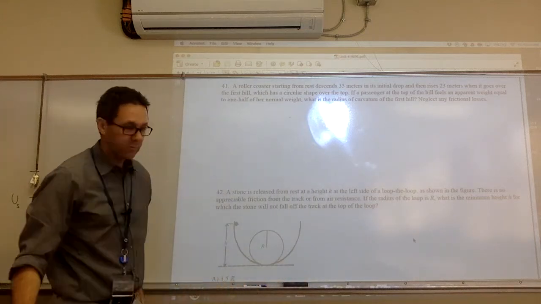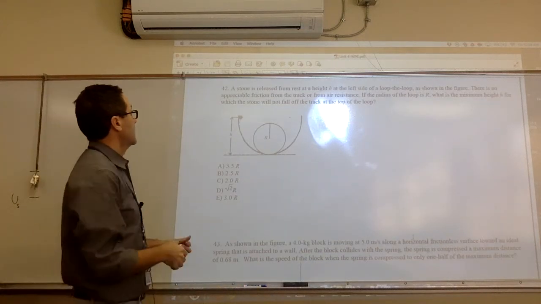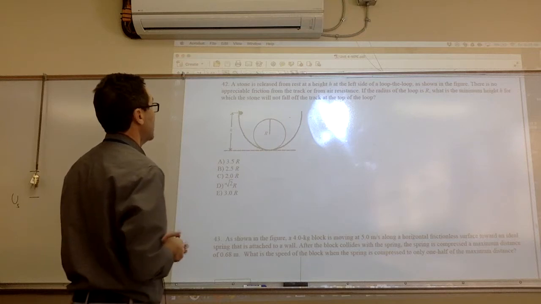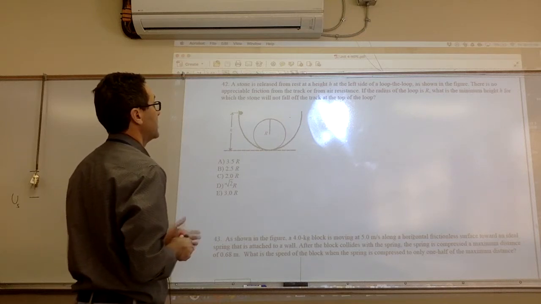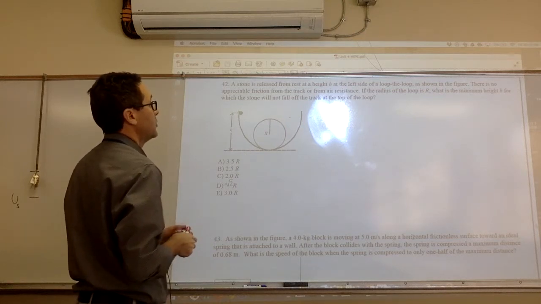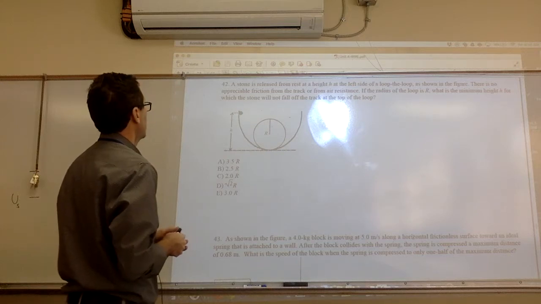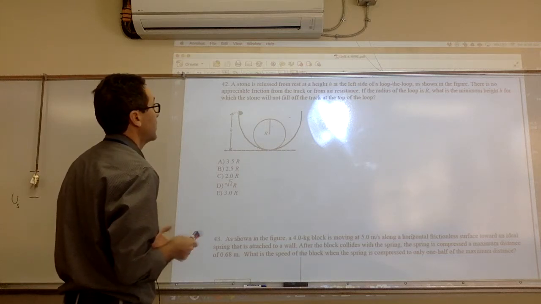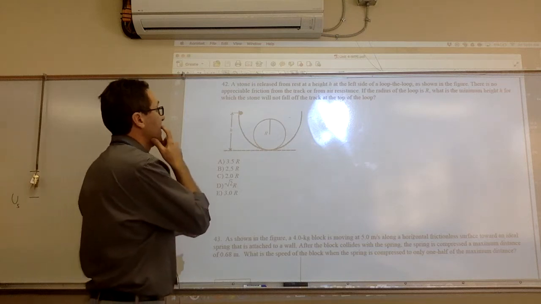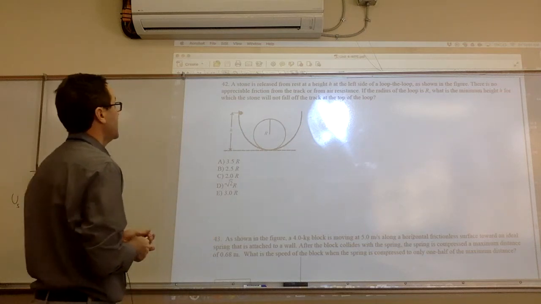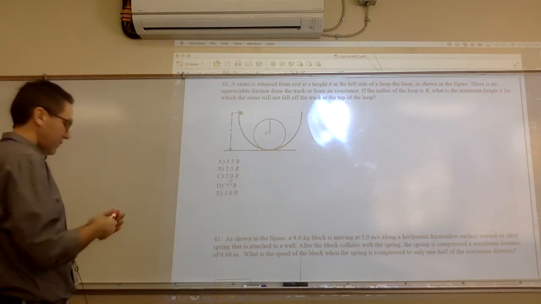We're looking at 42. A stone is released from rest at a height h at the left side of a loop-the-loop as shown in the figure. There is no friction and no air resistance. If the radius is r, what is the minimum height h for which the stone will not fall?